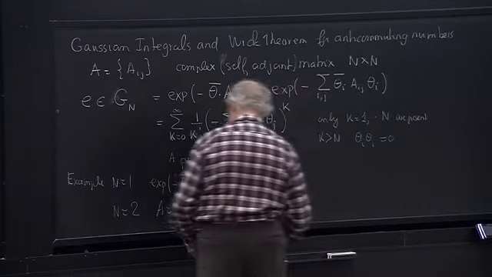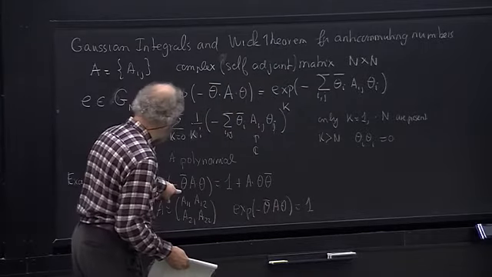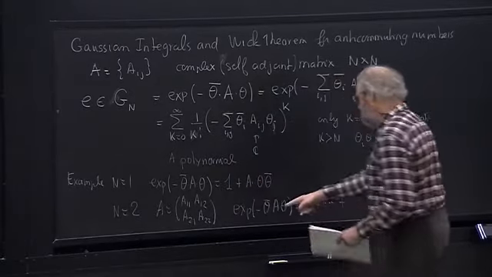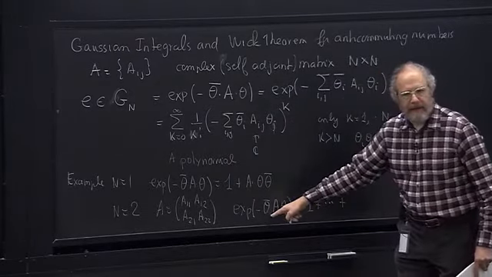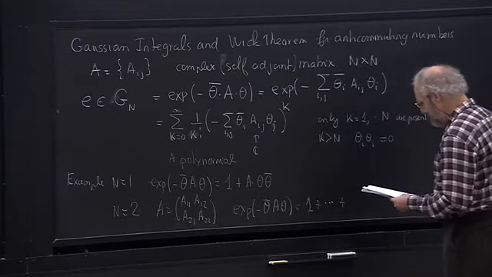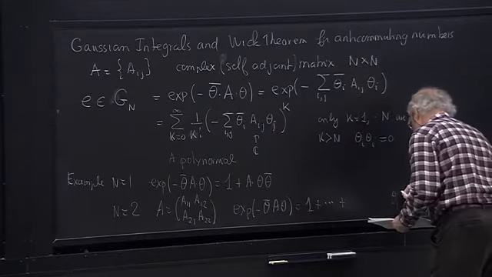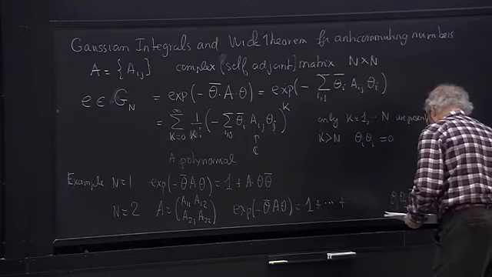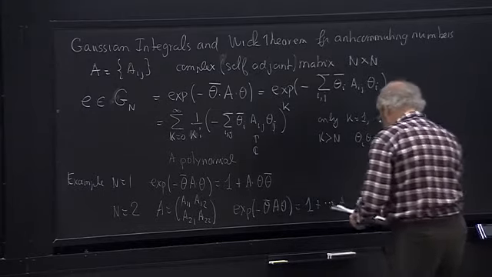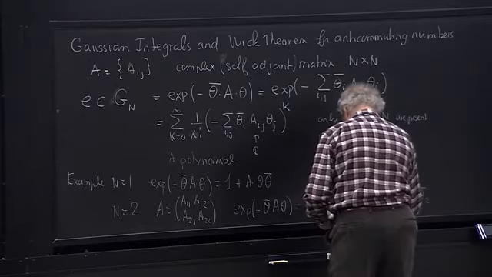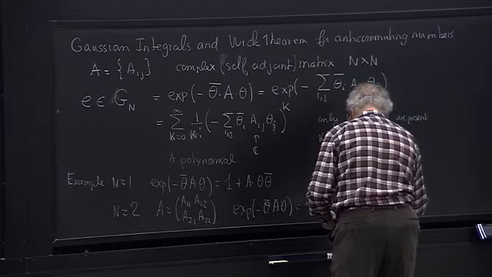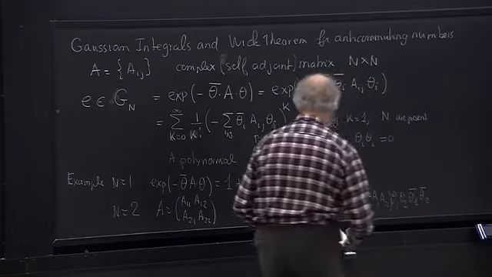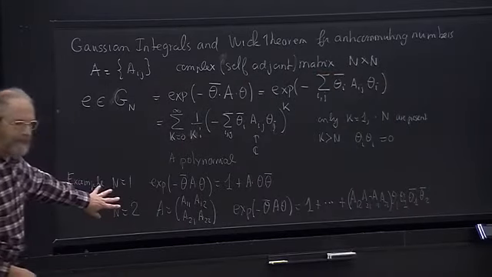So it starts with 1. Then you have two terms involving some thetas and theta bars. And what's interesting is the theta theta theta bar theta bar term. So you get theta 1, theta 2, theta bar 1, theta bar 2, and what you get is A12 A21 minus A11 A22. Do the calculation.